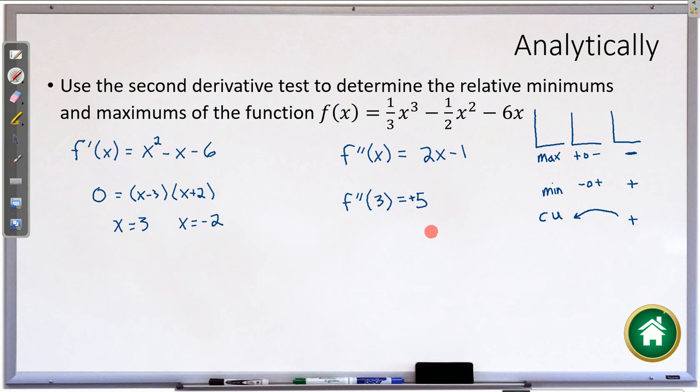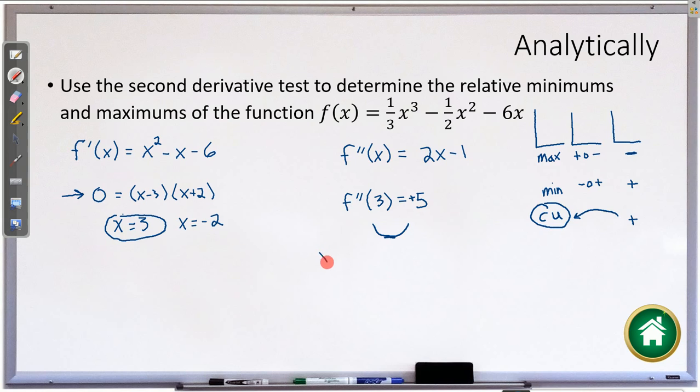So think about that. I know that this, x equals 3, has a slope of 0. It's a critical point. So here's my slope of 0. But now I also know it must be concave up. Well, the only way to draw a concave up graph is like that. And so we now know that this must be a minimum.